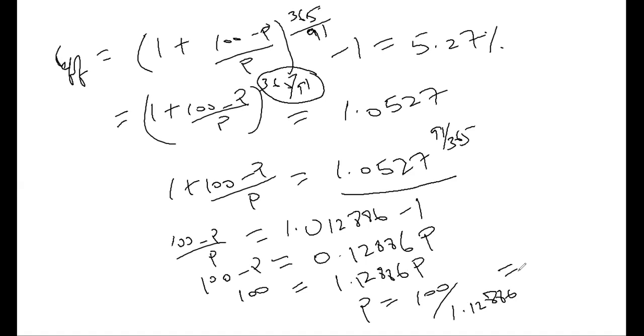88.58. 88? Did you say 88? No, that's wrong, unless we did something wrong. So let's see what I get. 1 divided by 1.012886. Oh, we did something wrong, right? What did we do wrong? 88 is not correct.